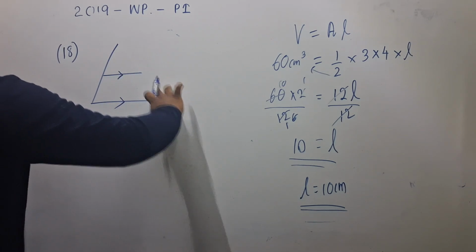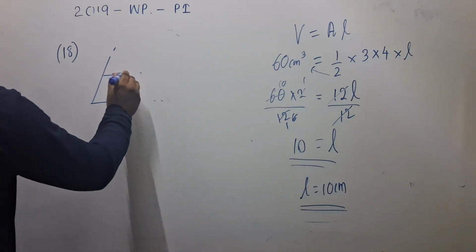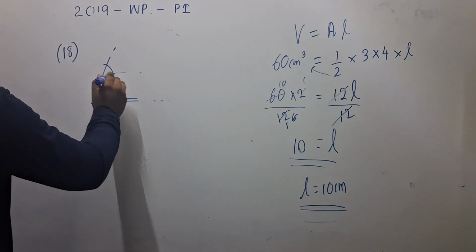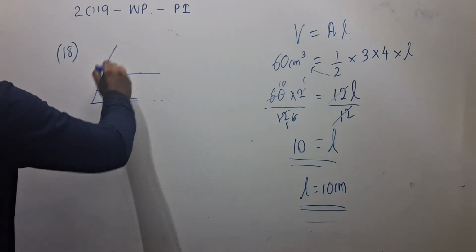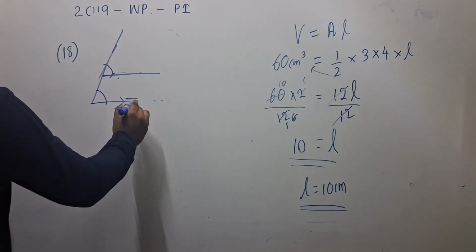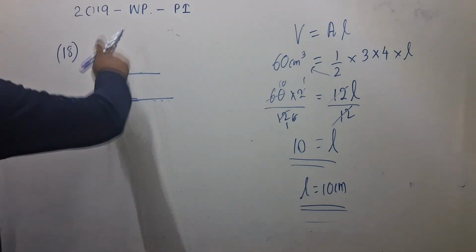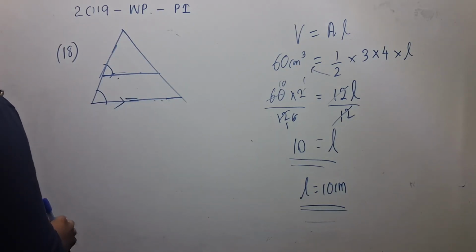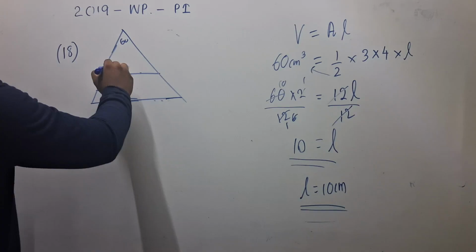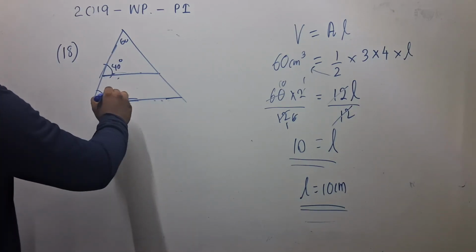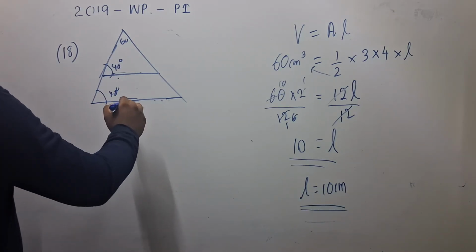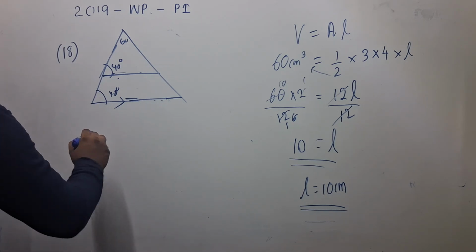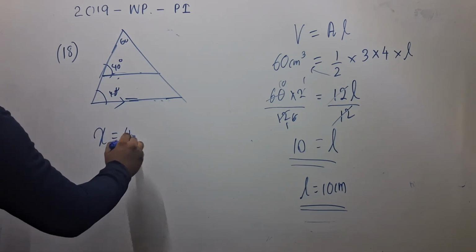Parallel means, think about this F shape. This angle is equal to this angle. Okay, I am drawing it again. Here there is an F shape. So see that F shape. This is 60, this is 40. If this is 40, you write this as 40. Then you get the answer for x. x is 40 degrees.